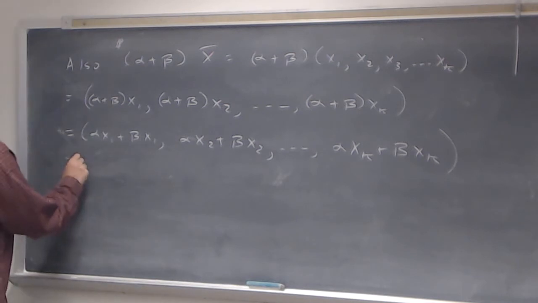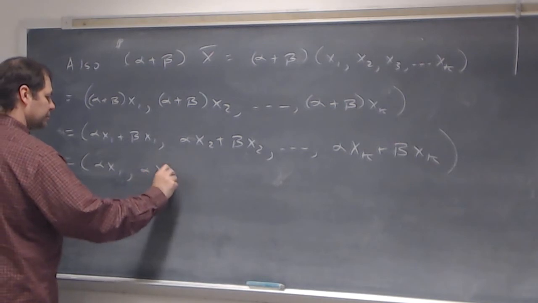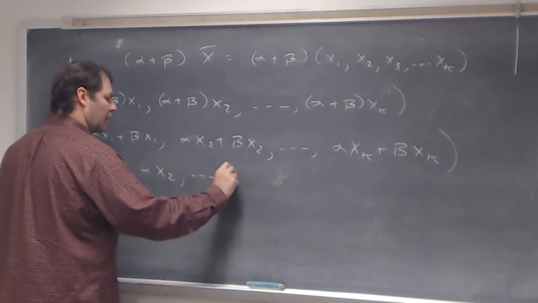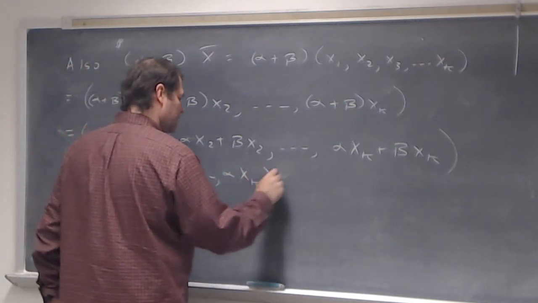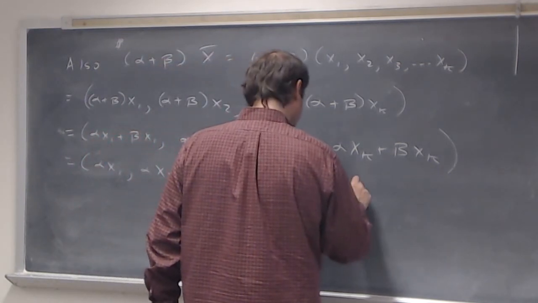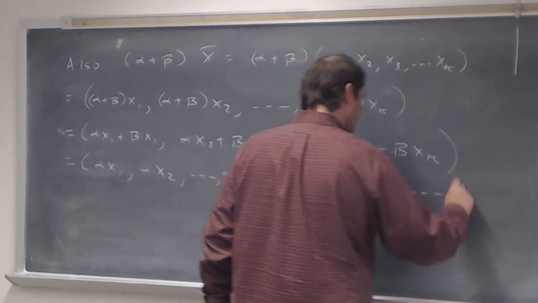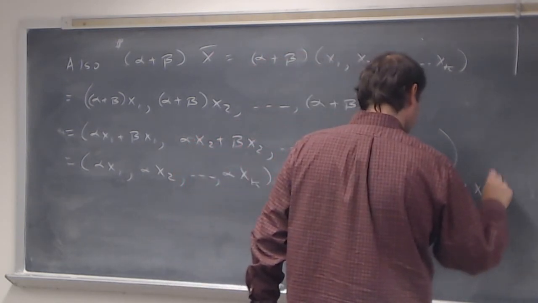And then this can be broken into alpha x1, comma, alpha x2, comma, all the way up to alpha xk, plus the vector that is beta x1, beta x2, all the way up to beta xk.